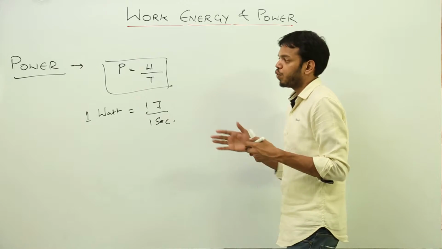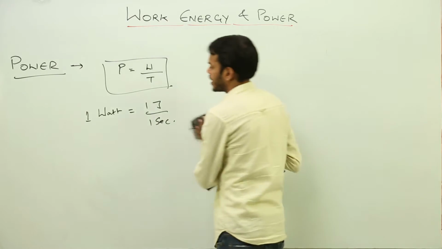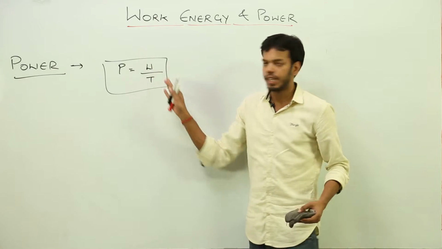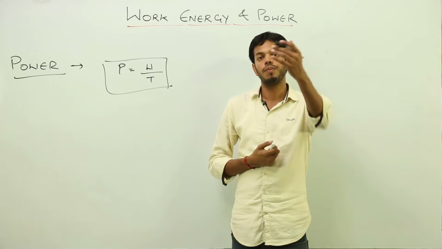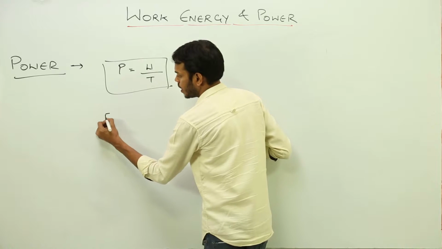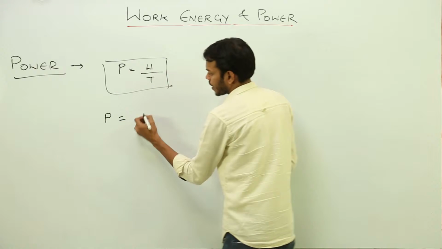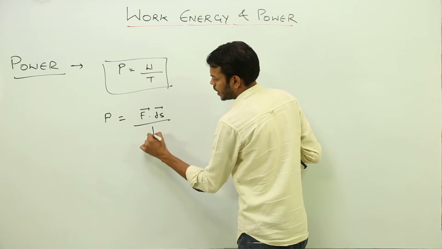Now, what do we know about instantaneous force, work and power? This is a very general formula of work upon time, which is power. But if we are talking about the instantaneous value, then power will be F dot ds over dt.